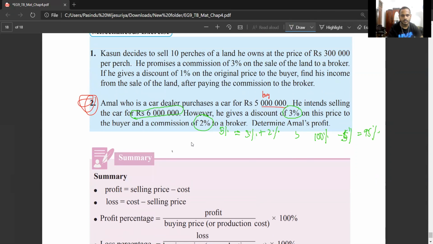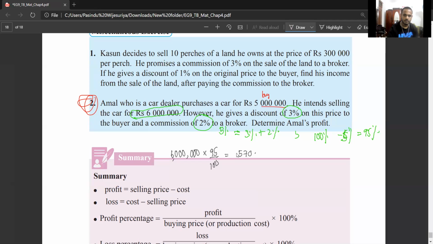So here, 6 million into 95% is 5,700,000.